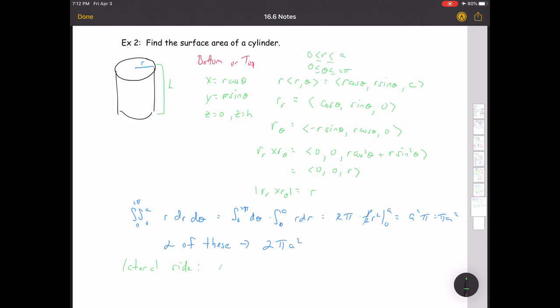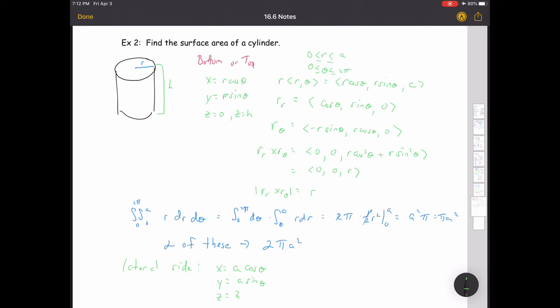So x is now going to be defined as a cosine theta, because this thing has a maximum r distance of a, and that's at the outside. So it's x equals a cosine theta, y equals a sine theta, and z in this case once again is just going to equal z.